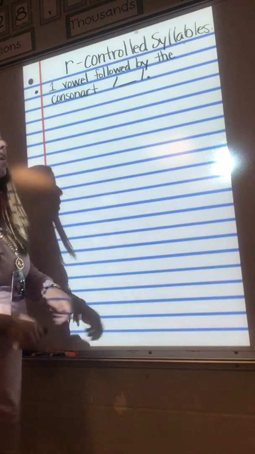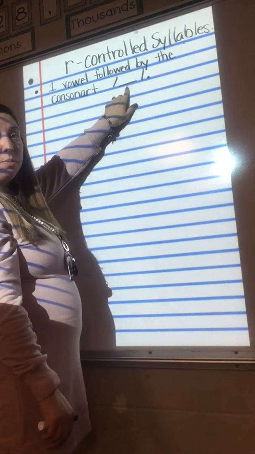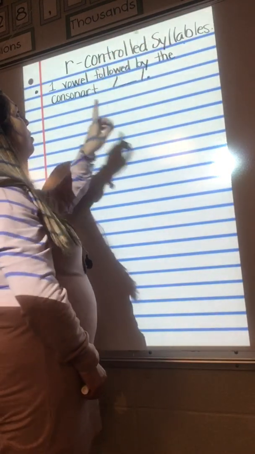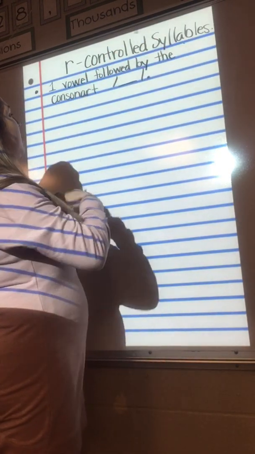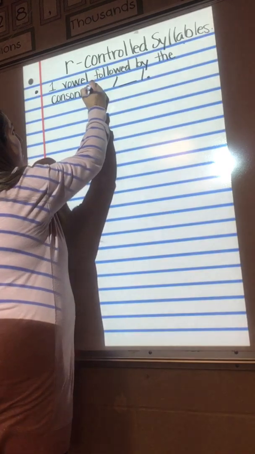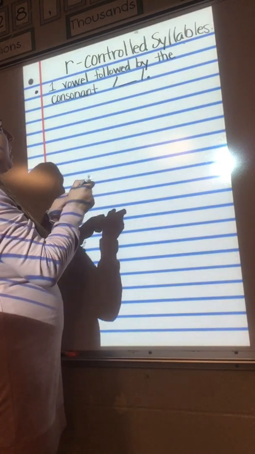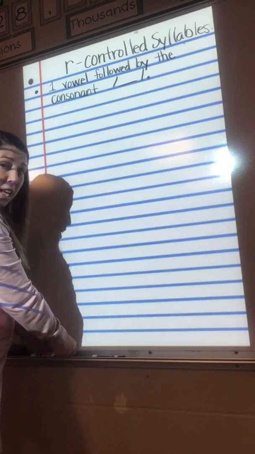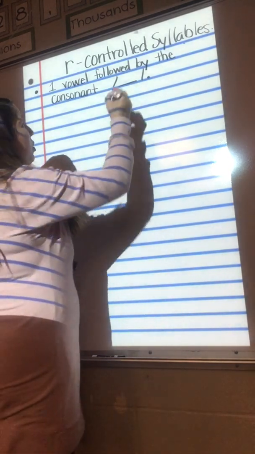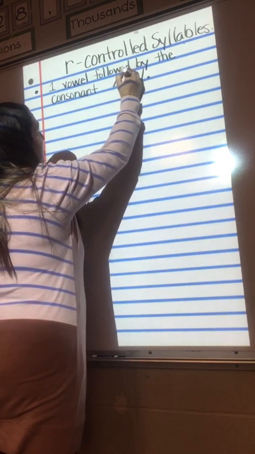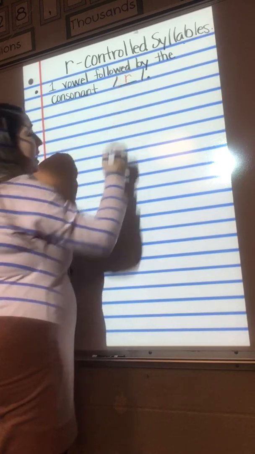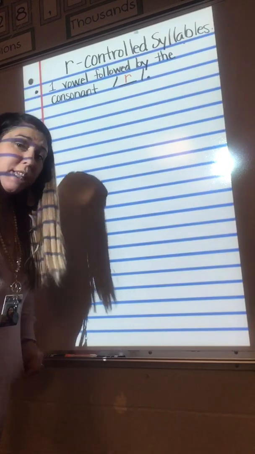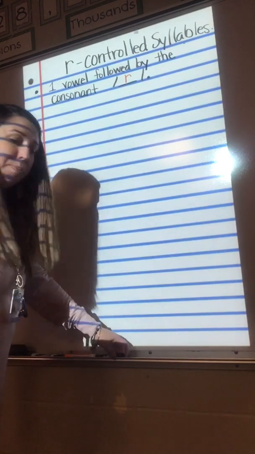Remember, we're talking about R-controlled syllables, so I wonder what goes in this blank. Which consonant is following that vowel? If you said R, you are so correct. On that blank should be the letter R, because that's the consonant that's going to follow our vowel. So that's the first way to identify it.